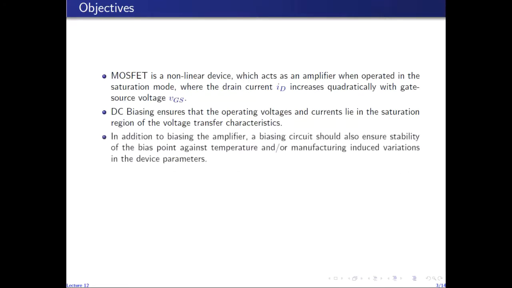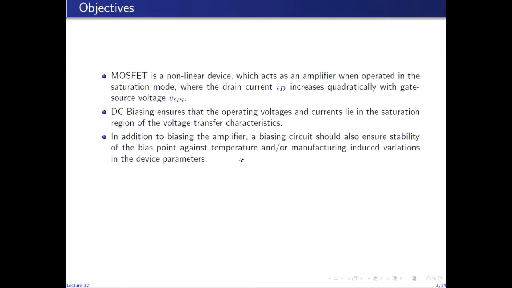One important property of any biasing scheme is the stability of the resulting bias point against temperature or manufacturing induced variations in the device parameters. So it is very important in an amplifier circuit that the bias point remains stable against these variations.